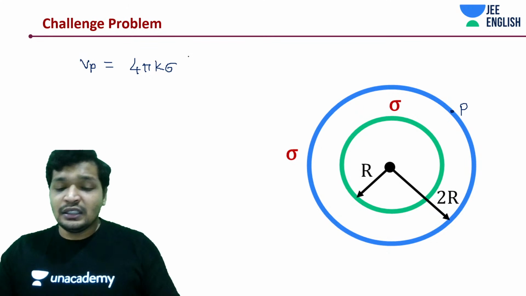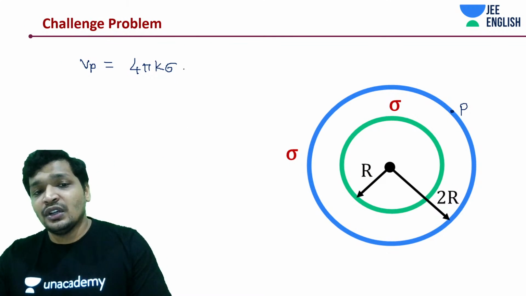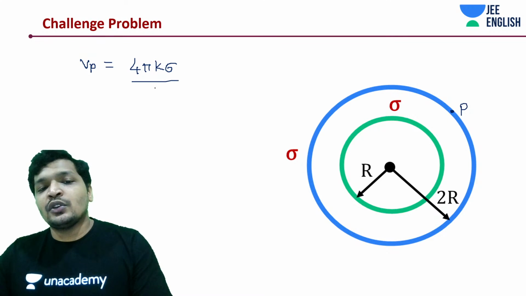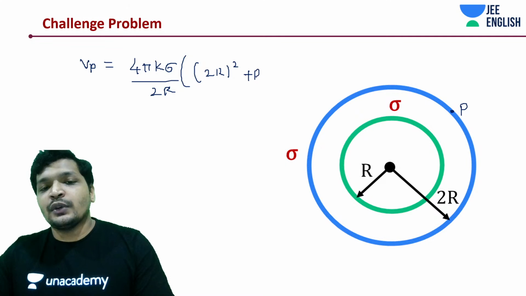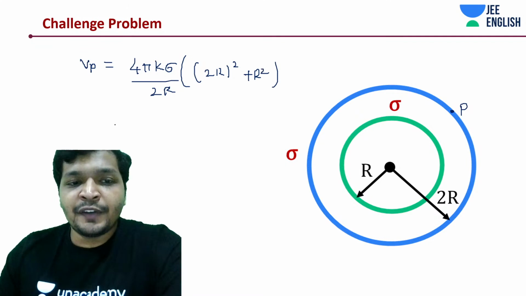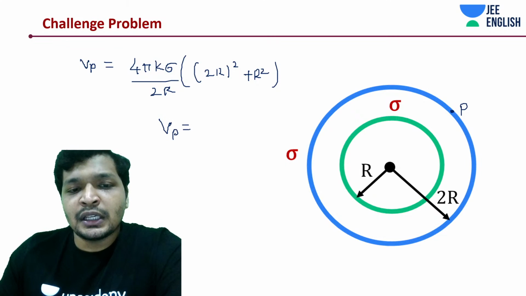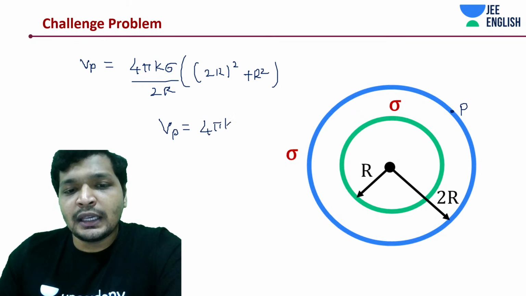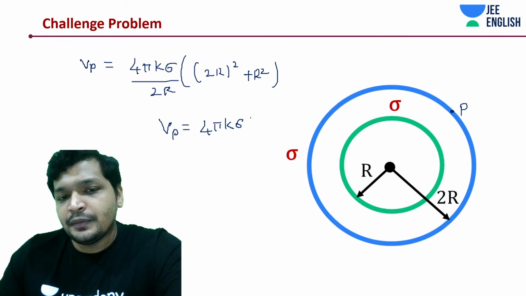Of course it's going to be lengthier, because what is asked is the ratio, and we have something like by 2R into 2R square plus 2R whole square plus R square, which is going to be 5R square. Simplify this, what do you get? VP to be something like 4 pi K sigma 5 by 2R.